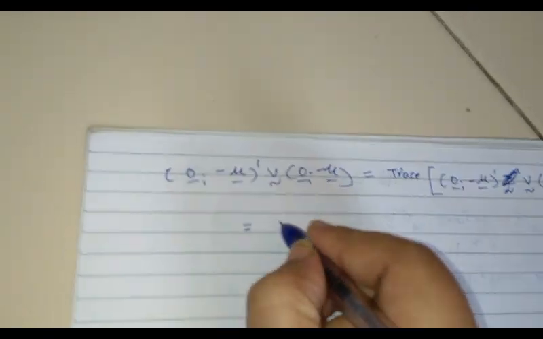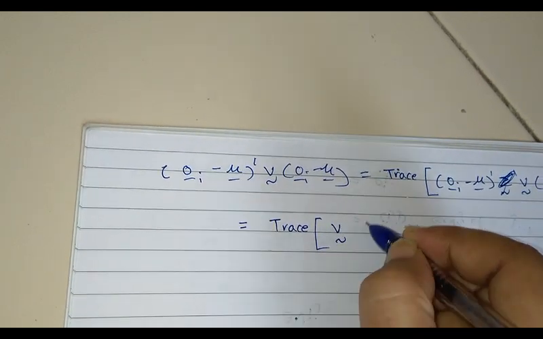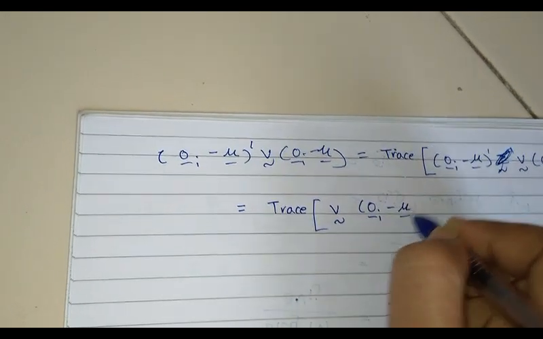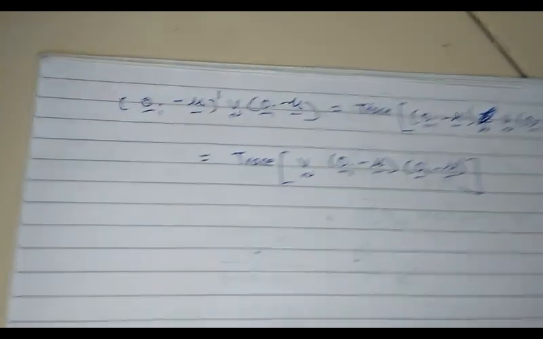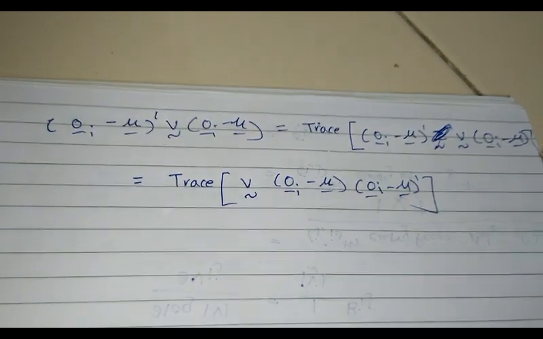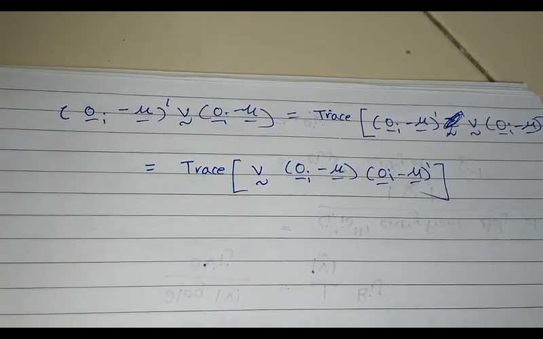By the properties of trace, this can be written as trace of V y minus mu into y minus mu prime. Okay, by trace properties I can change the order, as long as I am going in a cyclic fashion, trace remains the same.